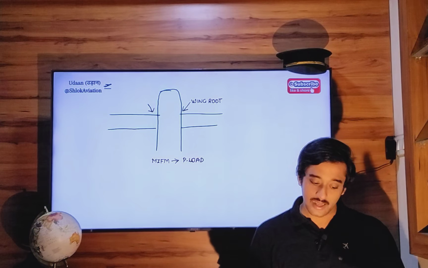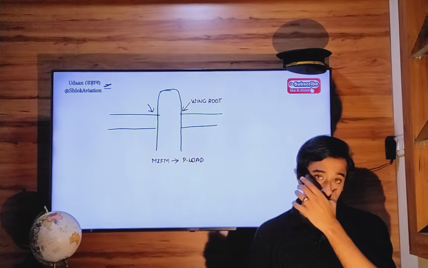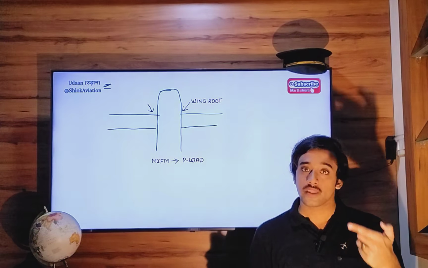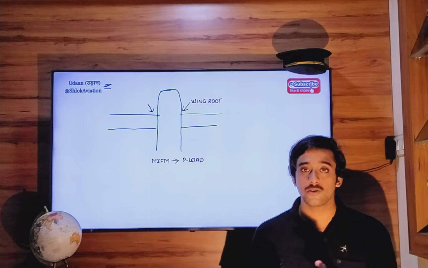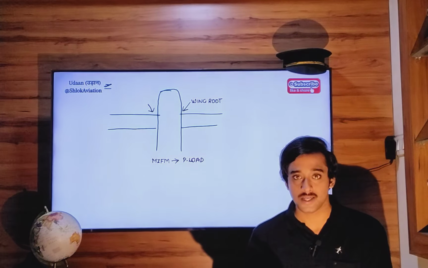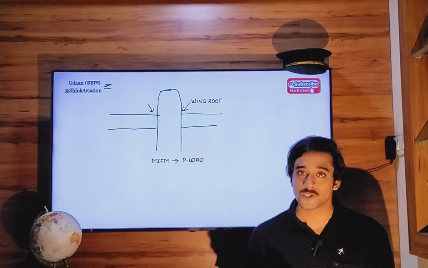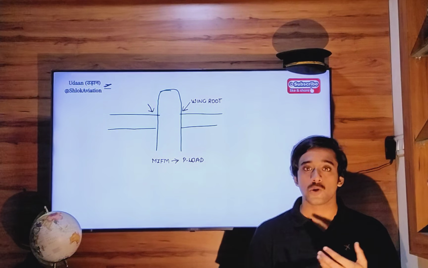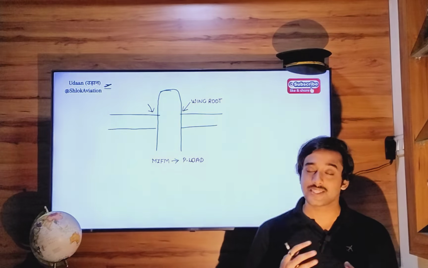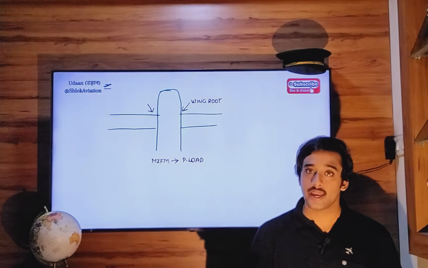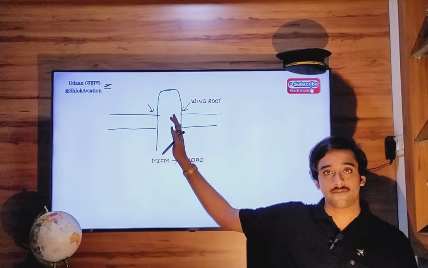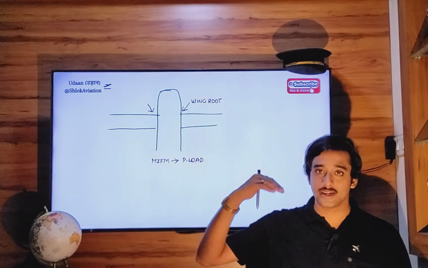So there is a limit up to which you can fill this aircraft with maximum payload. Okay, if you cross that maximum capacity or maximum limit imposed by the manufacturer, you will impose unbearable or excessive loads on the wings of this aircraft, because the wings of this aircraft will have to carry the fuselage in the air, in the atmosphere.